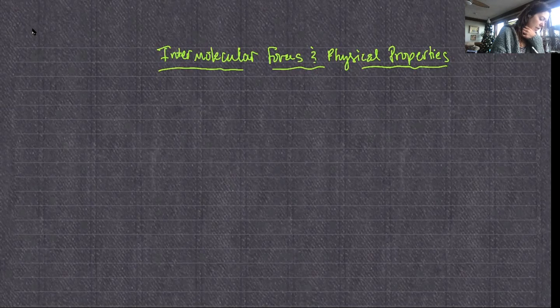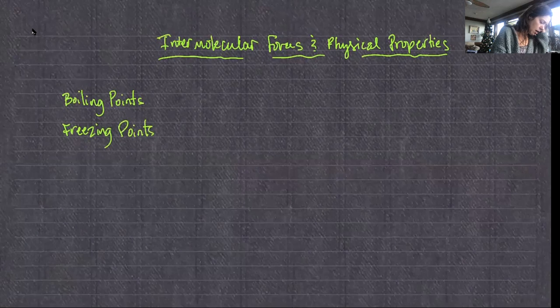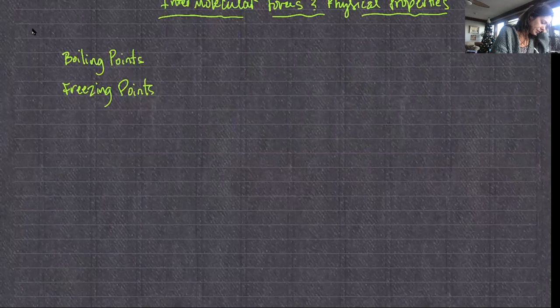So we will look at physical properties such as boiling points. Sorry, I was thinking. Freezing points. Surface tension.